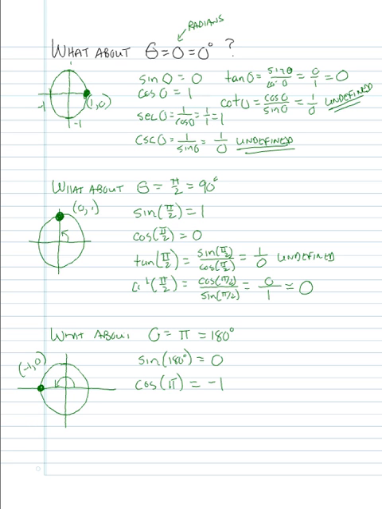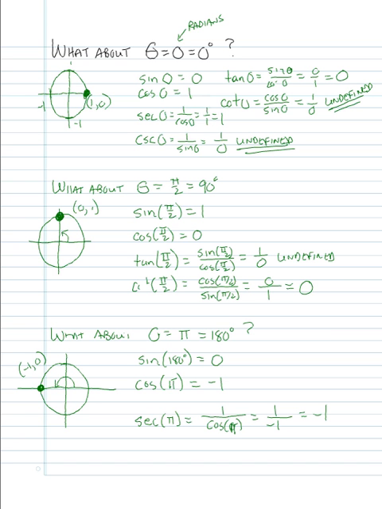What is the secant of pi? Well, what we have to remember is secant is 1 over cosine. So it'd be 1 over the cosine of pi. And we know that cosine of pi is -1. 1 over -1 is -1. I mean, that's the way we go through this.